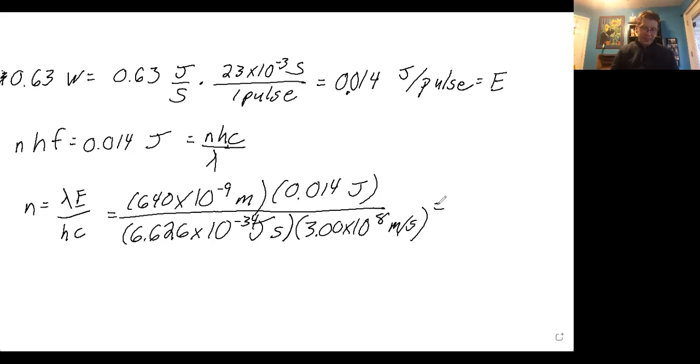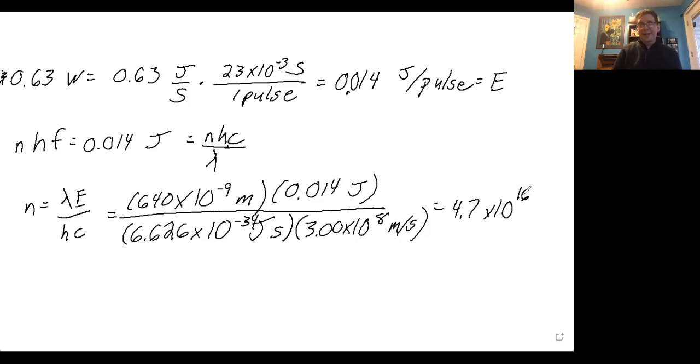So you get 4.7 times 10 to the 16. So that's how many photons you have: 4.7 with 15 more zeros added on.